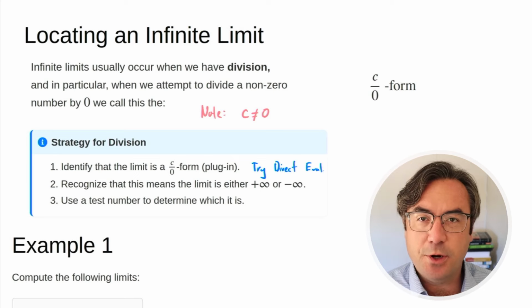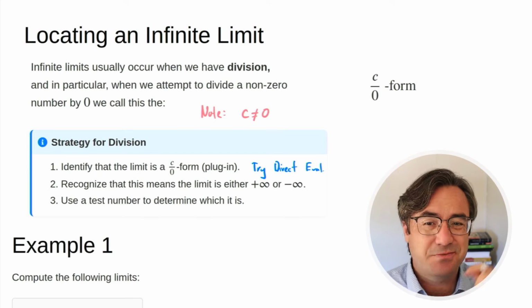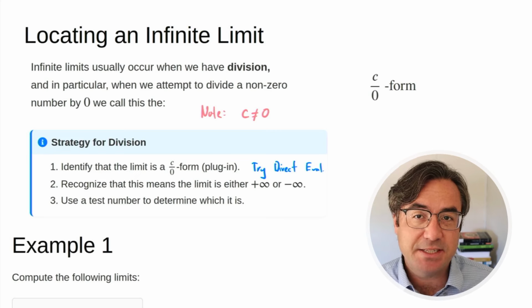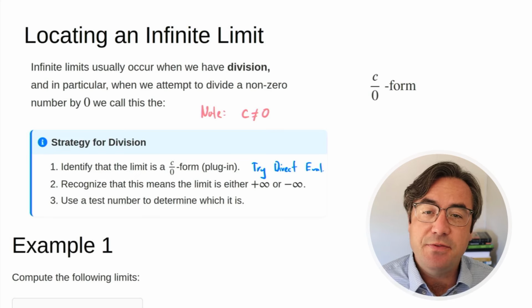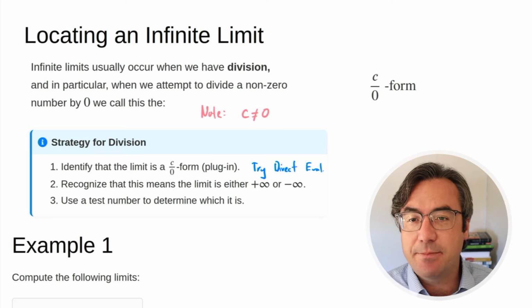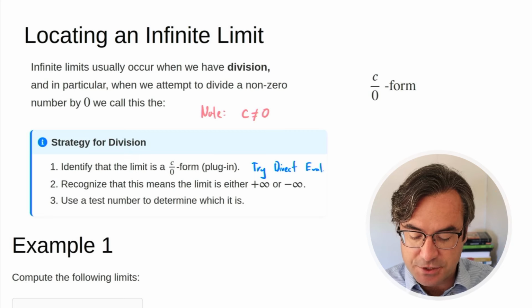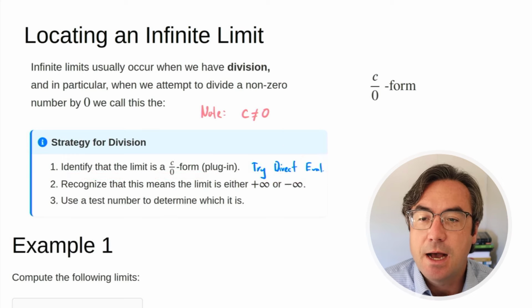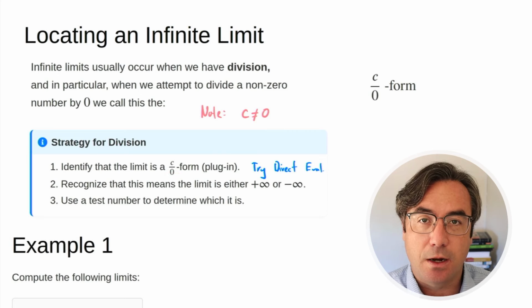Our previous strategy for calculating limits was to plug in the number x is approaching, and if you get something that makes sense, good, that's it. In this case, if we try our direct eval, we're going to get some constant divided by 0. But the C over 0 form is going to tell us that something's wrong.